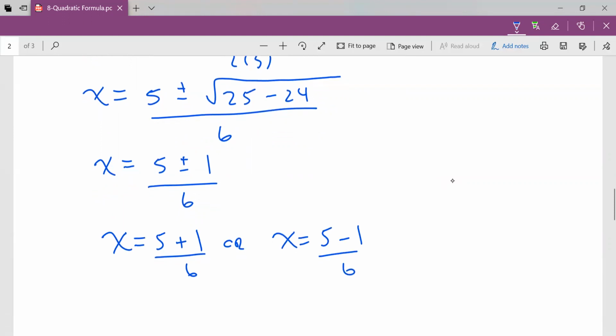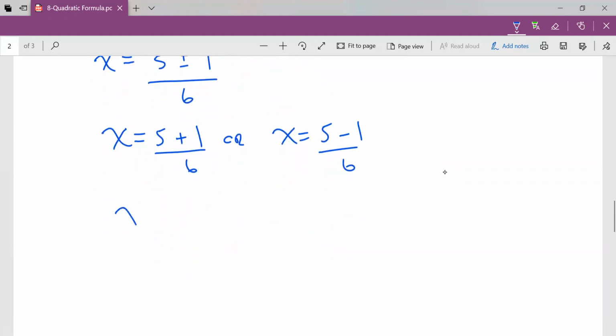And we say to ourselves, what does that end up giving us? Well, 6 over 6 is 1, or 4 over 6, which I could, of course, say is 2/3. So the nice thing here again is that all you have to do is use your values of a, b, and c and simplify. Not so bad.